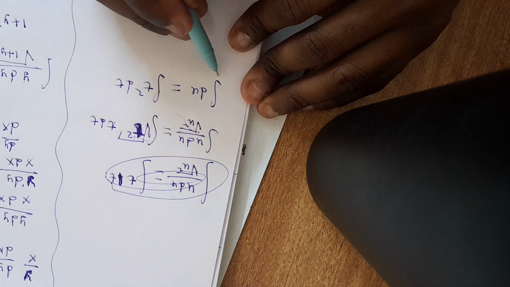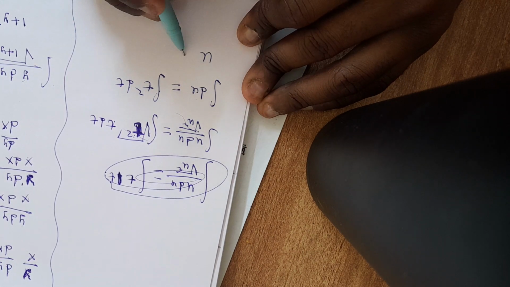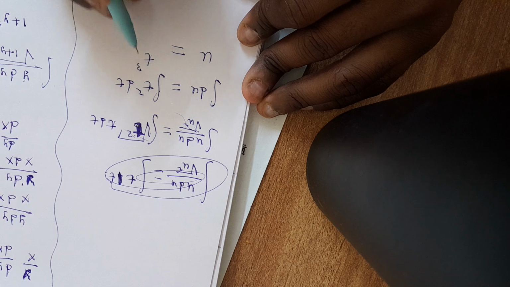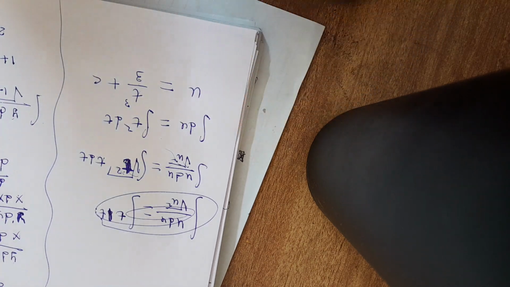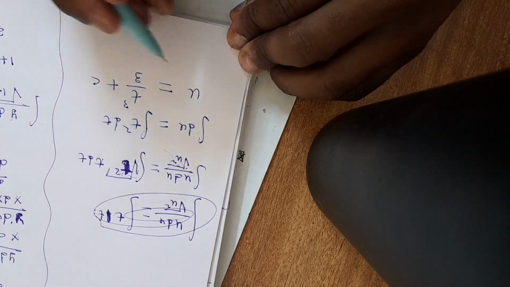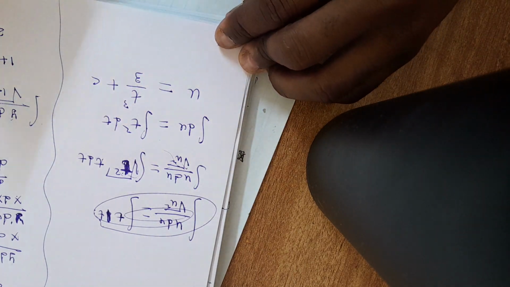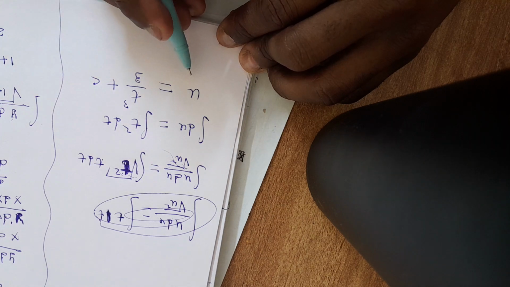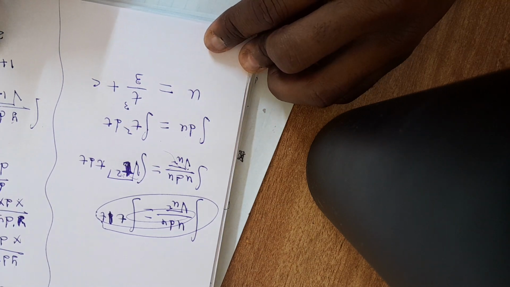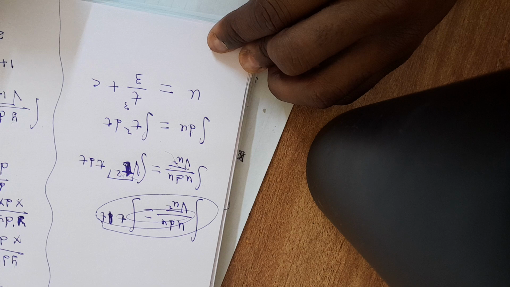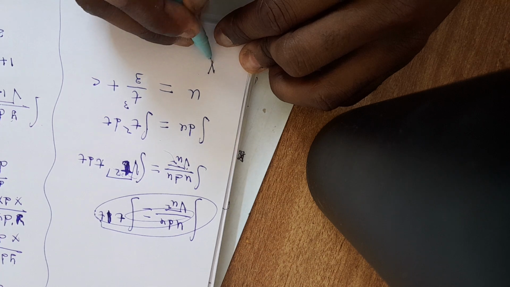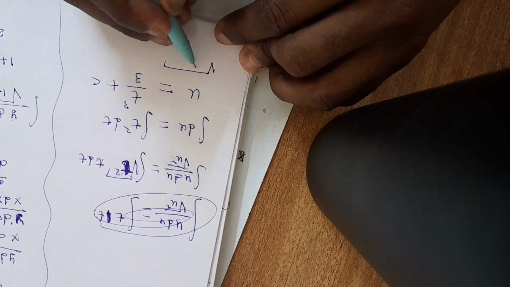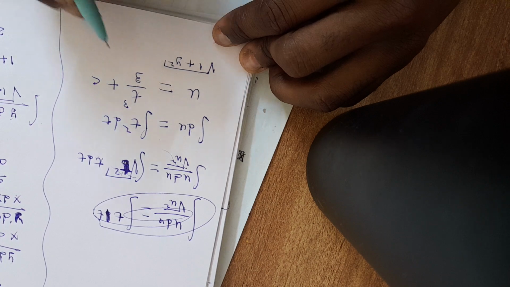So what else do you have to do? Just find this integration. This will be equal to u, and this will be equal to t cube upon 3, plus c. Now what you have to do is substitute them. Substitute what u is. You said that 1 plus y square is equal to u square, so u will be the root of 1 plus y square.